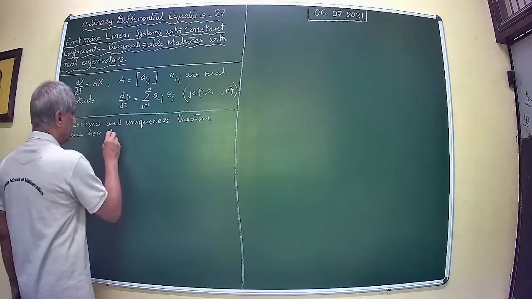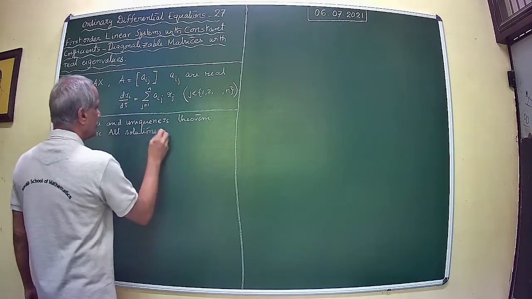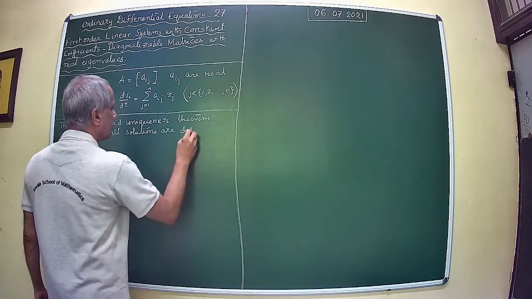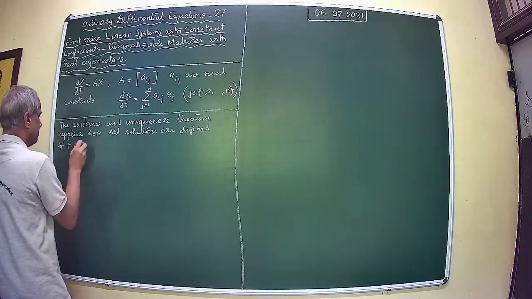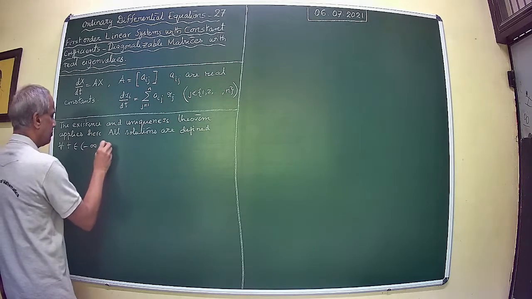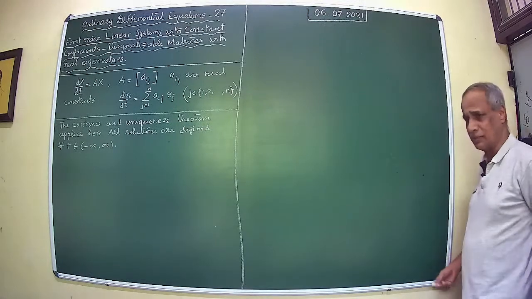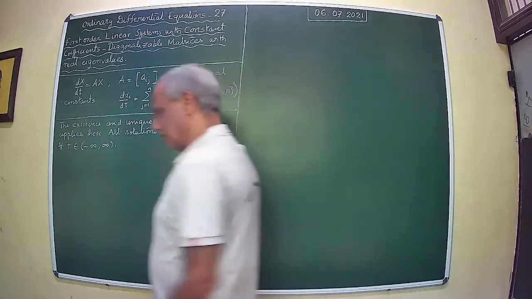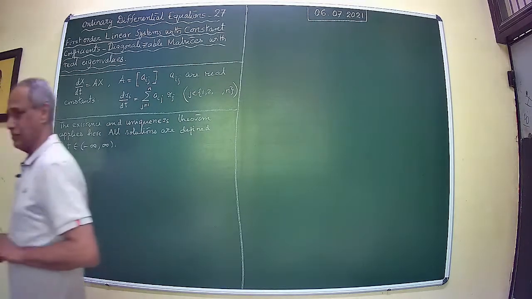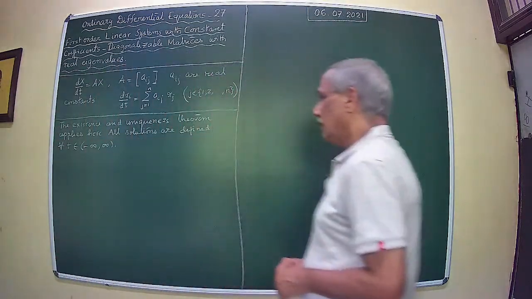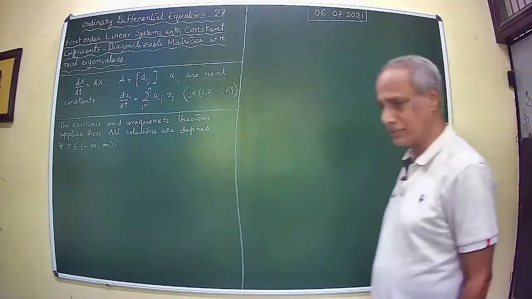All solutions are defined for every t belonging to R. This is something which comes out from all the efforts that we have taken to develop the theory. Now, we make some observations.